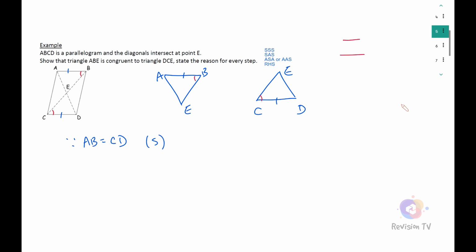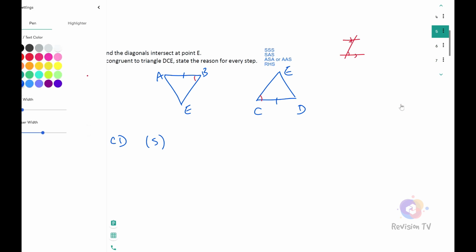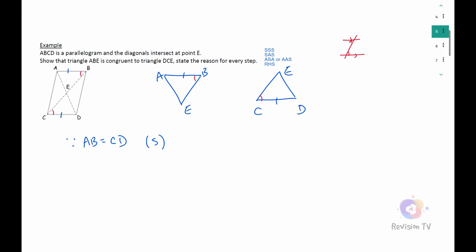When you have parallel lines, these two angles are equal. They're called alternate angles. So you do have to explain why. So you will say angle ABE is equal to angle ECD, or DCE, because of alternate angles, and that's your angle. So we've got a side, and we've got angle and angle.